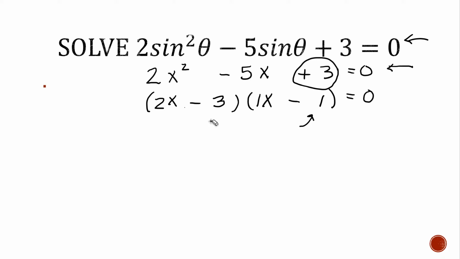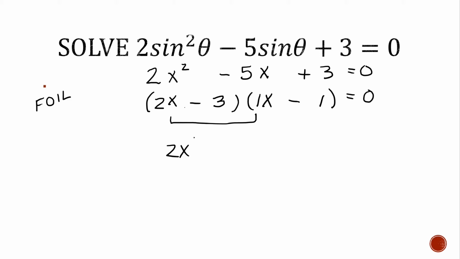All right, so once I get this thing factored, and depending on your skills in factoring, I would advise that you check it if you're not great with factoring to be sure that you have it set up correctly. Remember that to check it, you do the FOIL method. So we would do first times first. That would give me 2x squared. Then I would do the outside. So that would give me negative 2x.